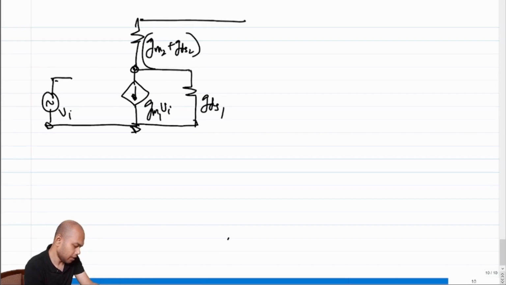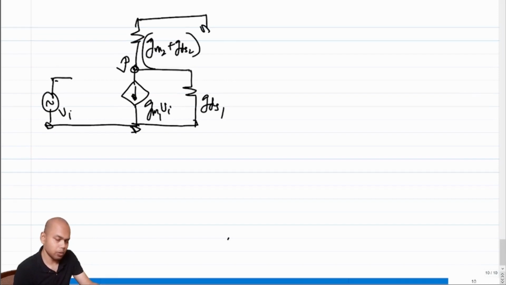And we are trying to see what is the current that is flowing into GM2 plus GDS2.